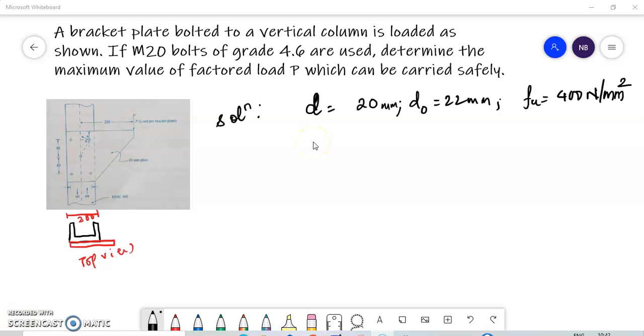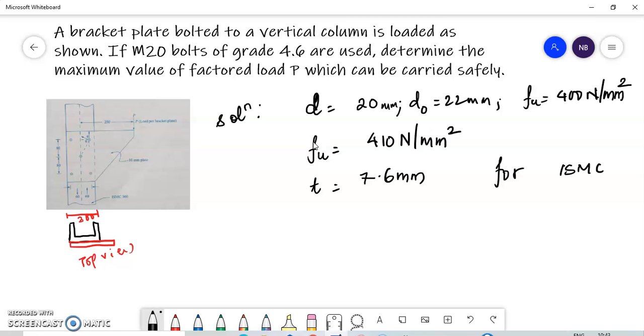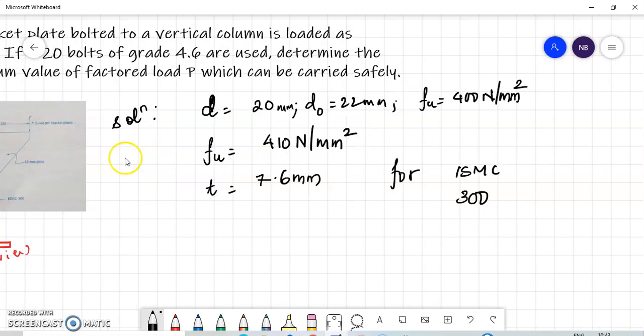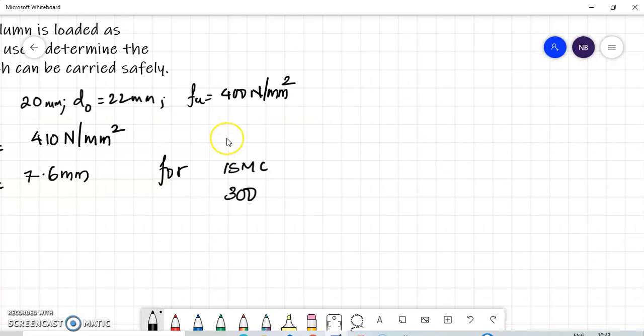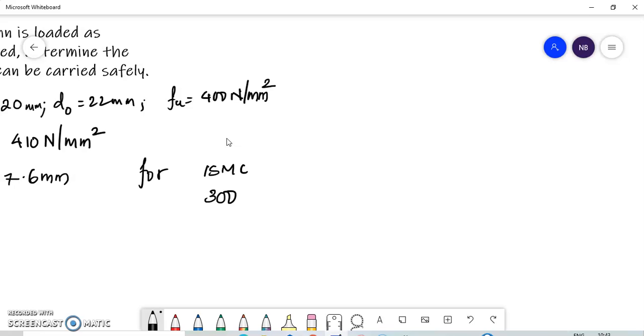The ISMC that we are using is a rolled steel section, and therefore the ultimate strength is 410 Newton per mm square. The thickness of the web, this you will have to check in the steel table, is 7.6 for ISMC 300.